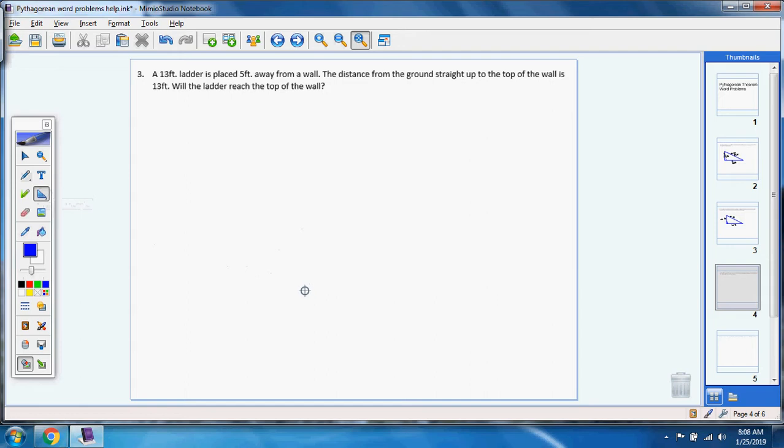But this time it says a 13-foot ladder is placed 5 feet away from the wall. So in other words, it's going to look a little bit more like this, where the bottom piece, it already tells us the base. It says it's placed 5 feet away from the wall. So if this is the wall here, the base is the 5 this time.